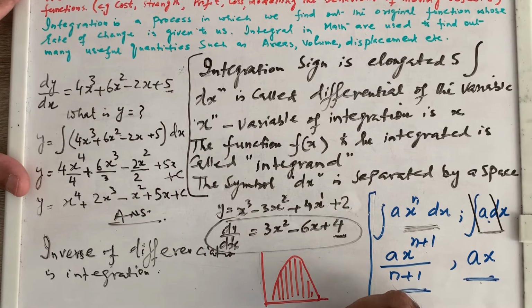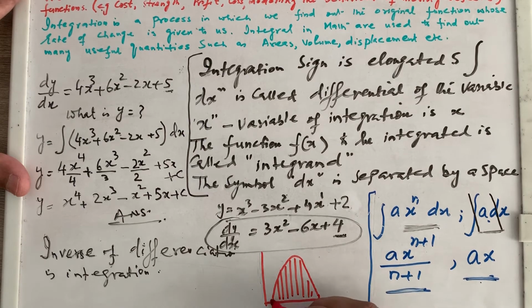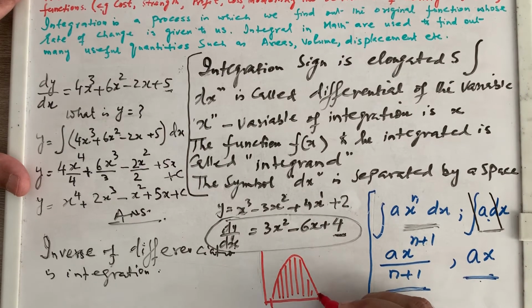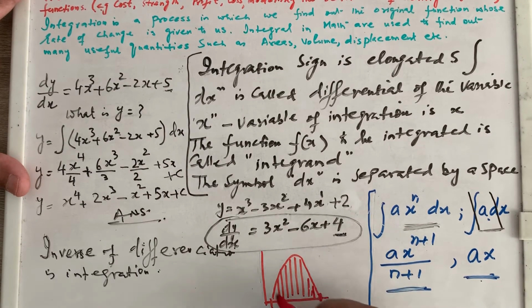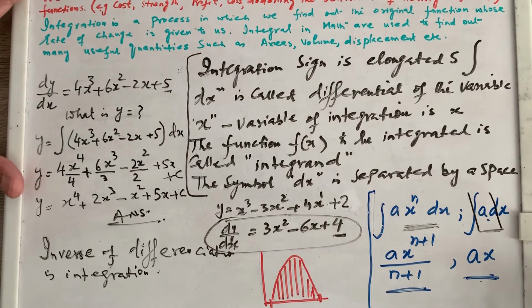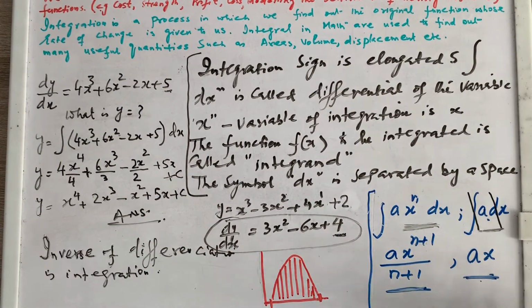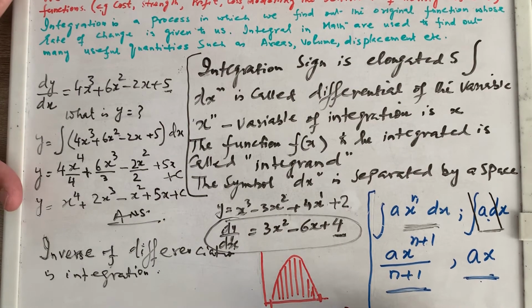So integral is the function that defines the area under a curve for any given interval. This is my interval, and in this interval, the area under this curve is the integral.